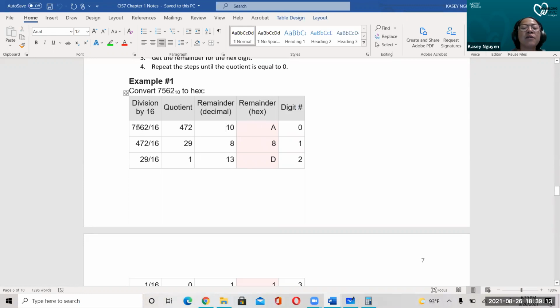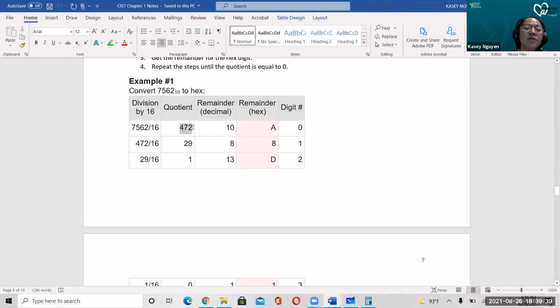If I take 7562 divided by 16, I would have 472 as a quotient, and the leftover is going to be 10. And that 10 is A, because decimal 10 is A in hexadecimal.